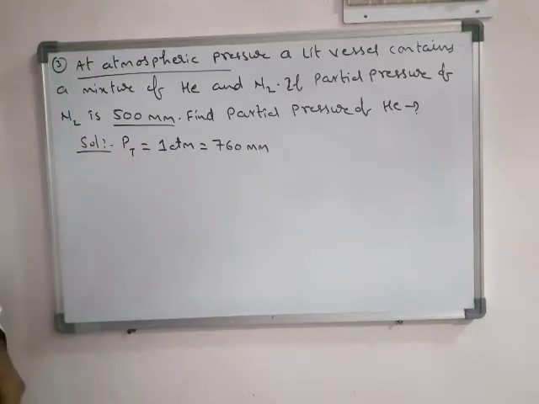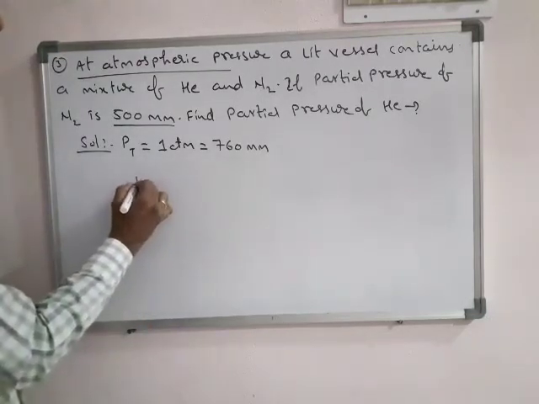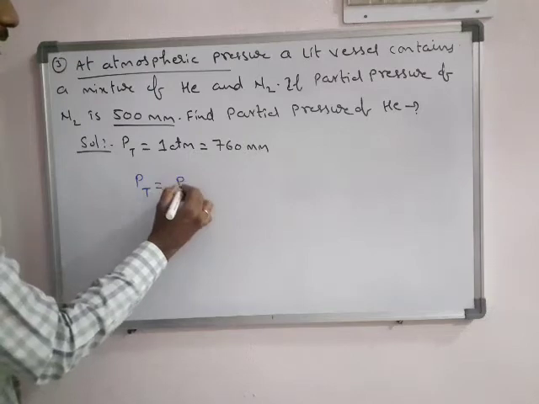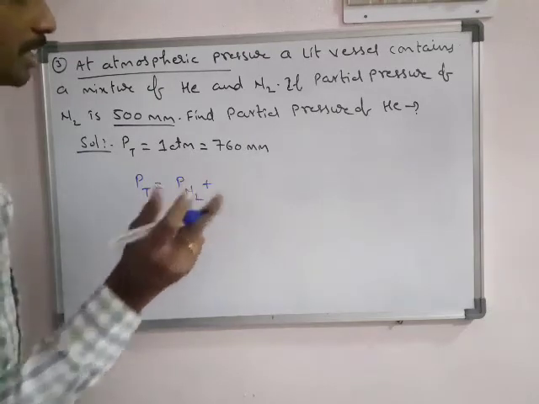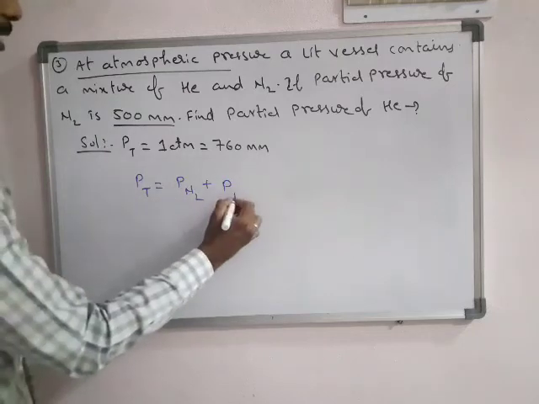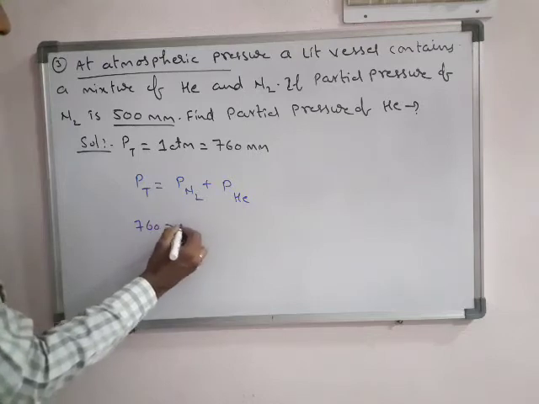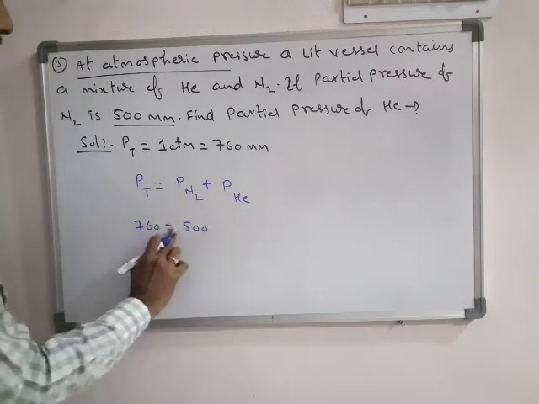In 1 atmosphere they did the experiment. Therefore, according to Dalton's law, P total is equal to P N2 plus P helium. So the total pressure is 760, P N2 is 500 mm.